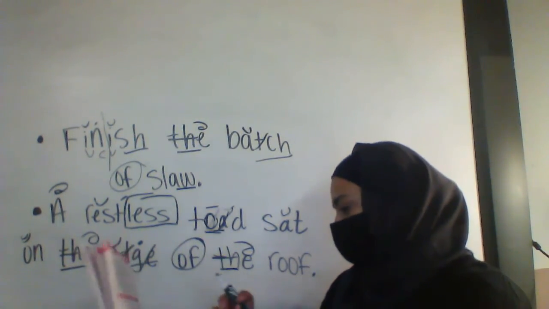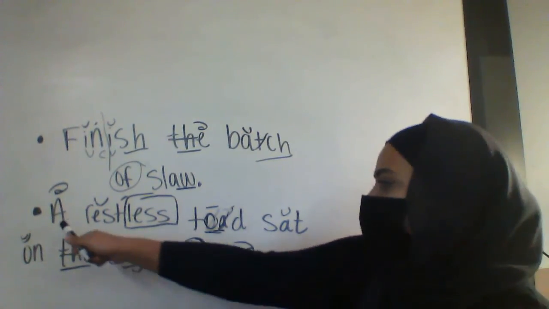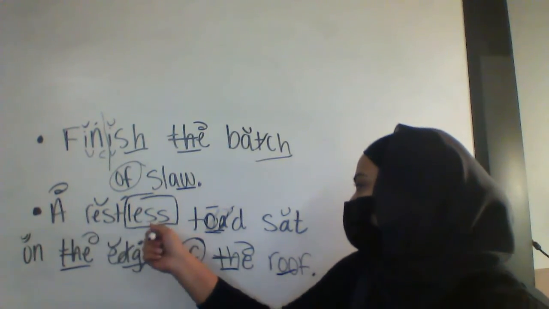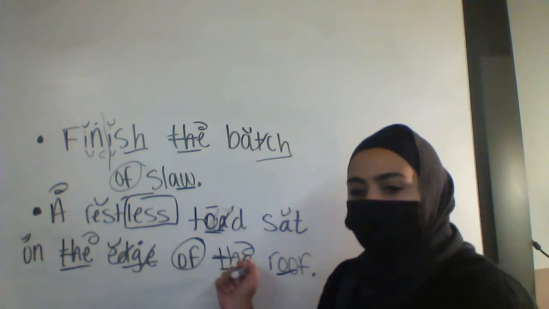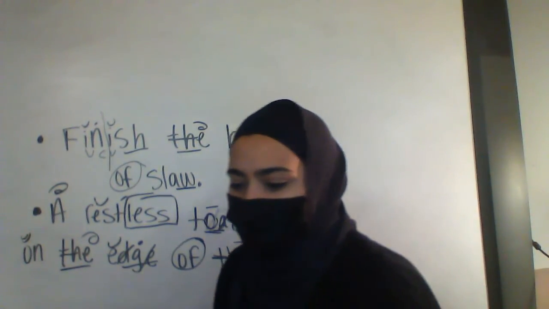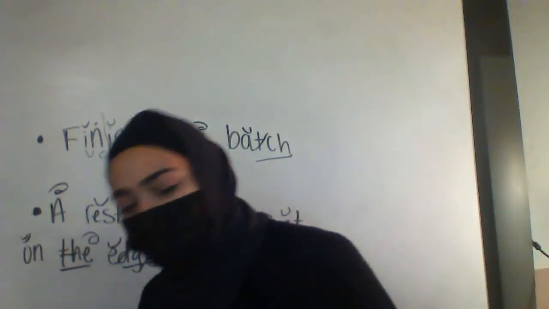And roof is diagraph O-O. Okay, let's read this together, class. A restless toad sat on the edge of the roof. Okay, now what you're going to do is you're going to complete worksheet and homework page 91 on your own. All right, do that, turn it in to me, and I'll see you later. Bye.